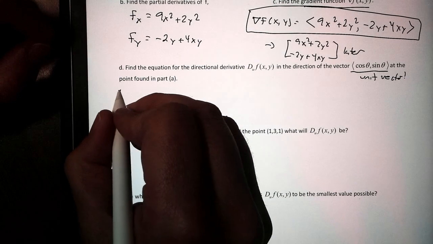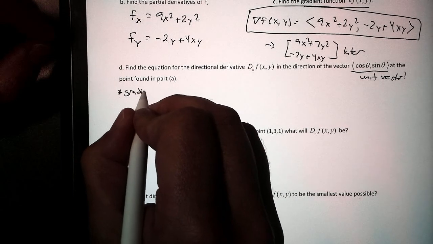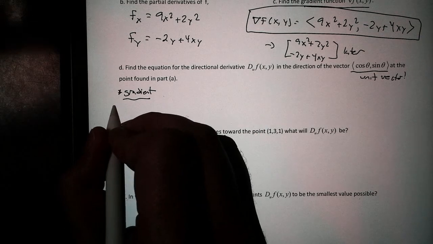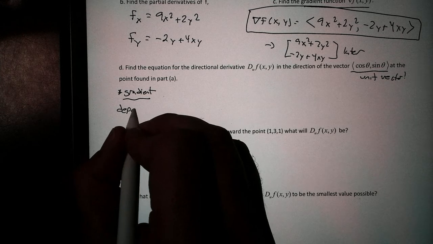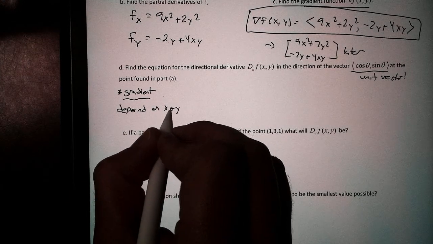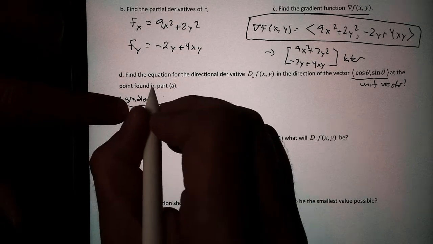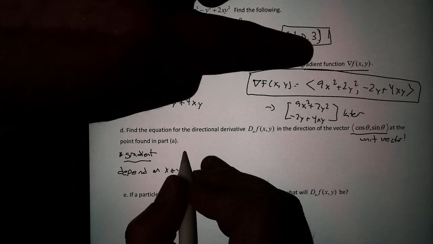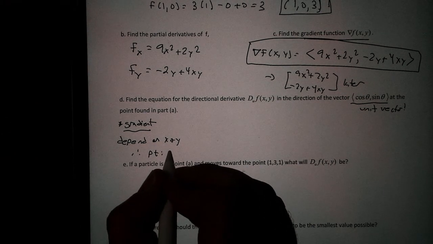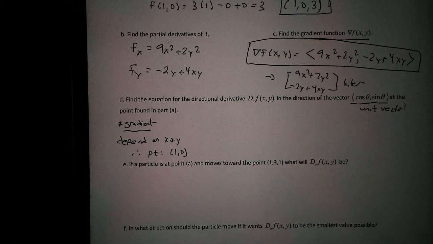So one thing before we begin, let's talk a little bit quickly about the gradient. Now the gradient in this case only depends on x and y. So the gradient will depend on x and y only. When we're talking about the point up here, we don't need the z coordinate. So our point will just be the 1, 0 that we're going to use.